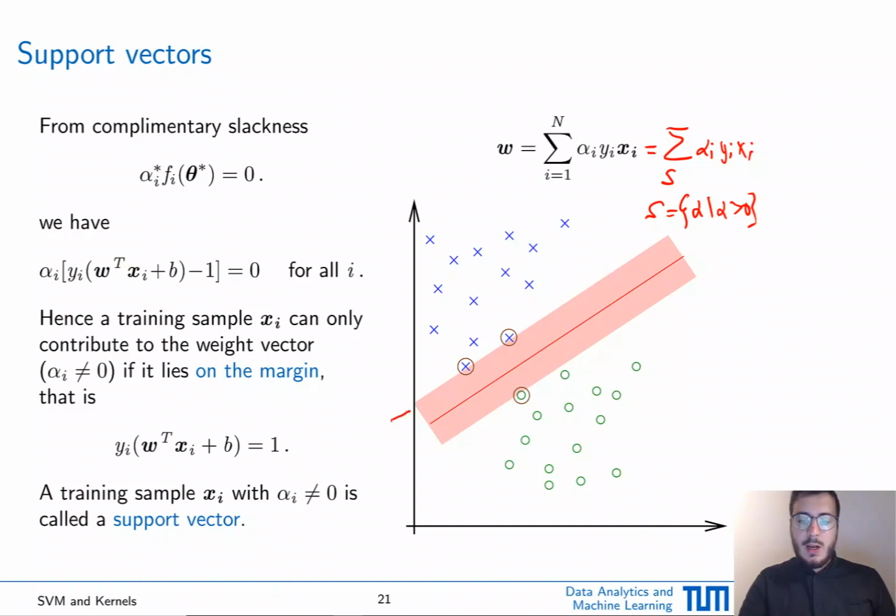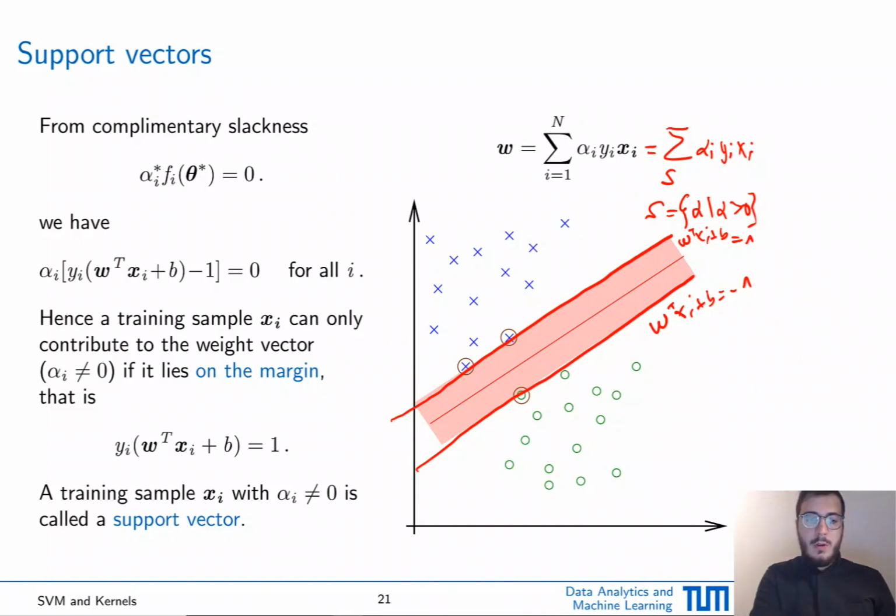So if you look at this line here, and you look at this line, these two hyperplanes, it holds w transposed x_i plus b equals -1 here, and w transposed x_i plus b equals 1 here, which is what follows from here. So w transposed x_i plus b equals 1, and then if you multiply by y_i, you either get 1 or -1.